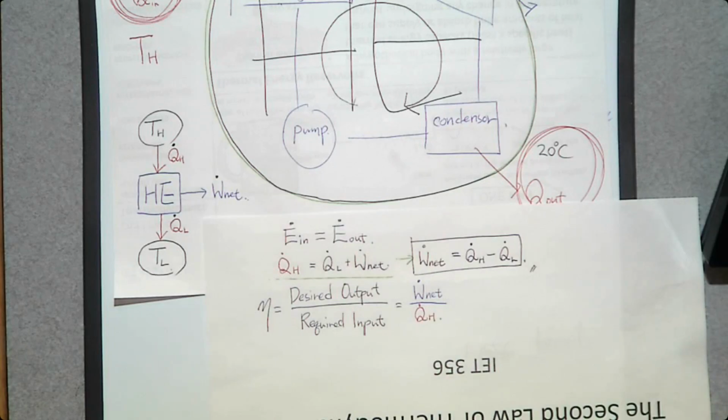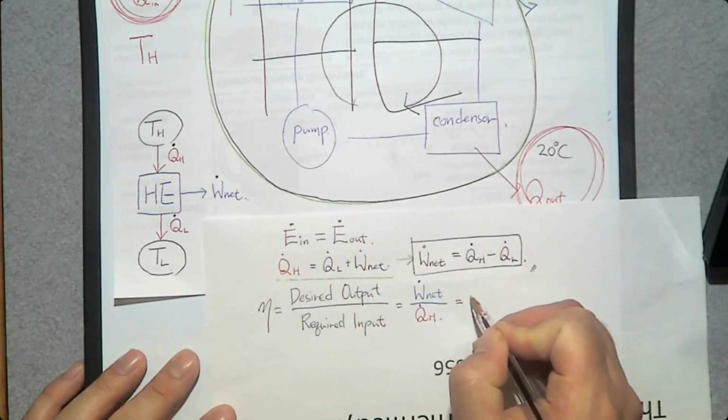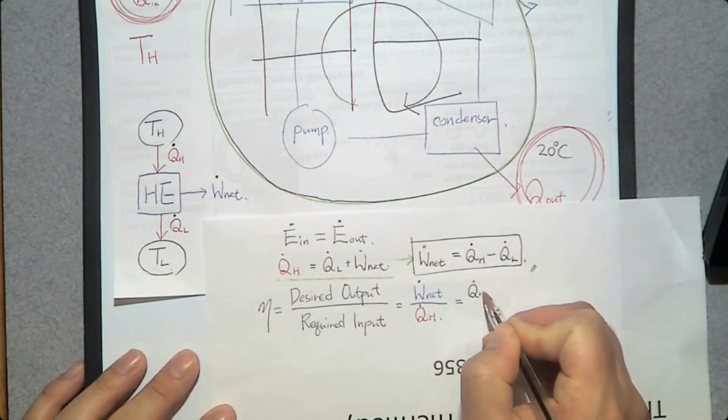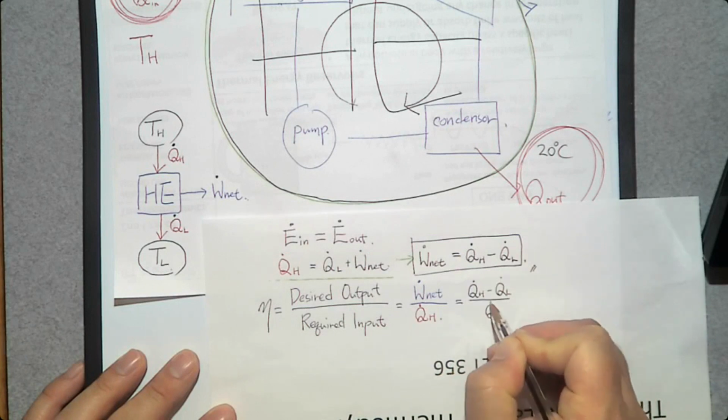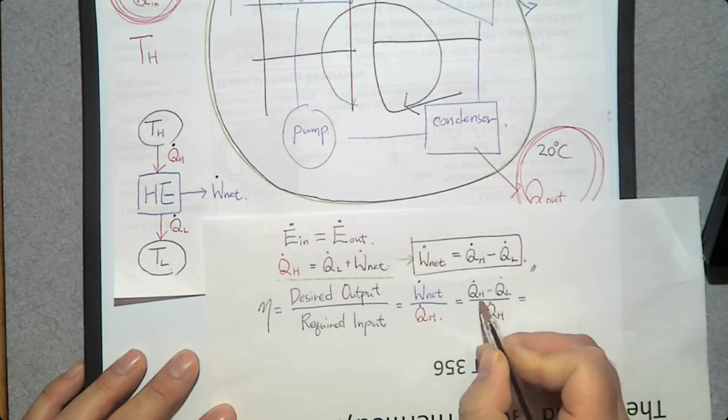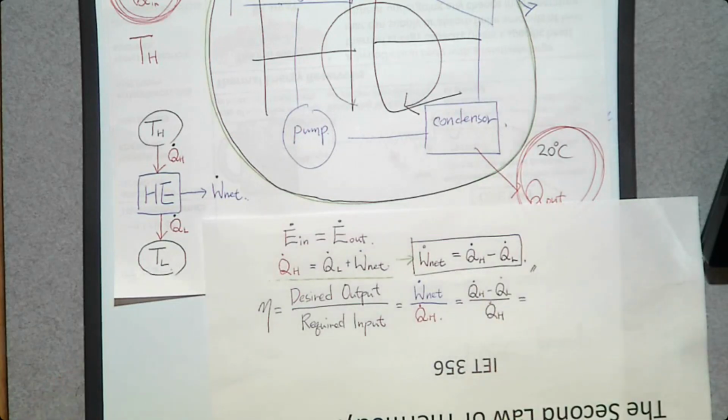Then, according to this energy balance equation, W dot net is the same as Q dot H minus Q dot L. So we can rewrite this efficiency in this way: Q dot H minus Q dot L over Q dot H. Then Q dot H over Q dot H is going to be 1.